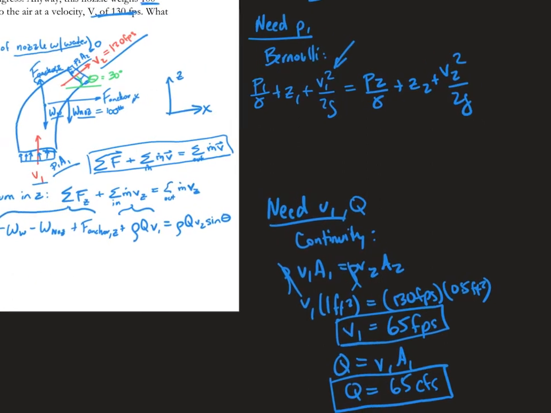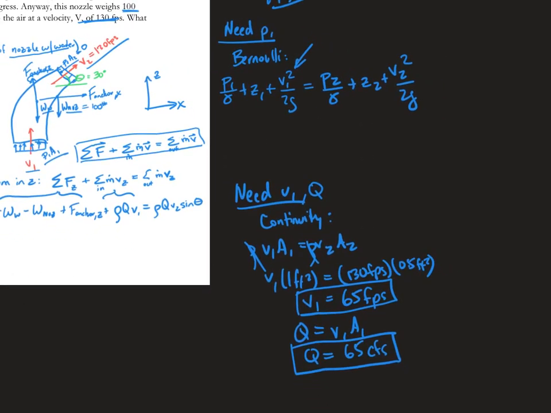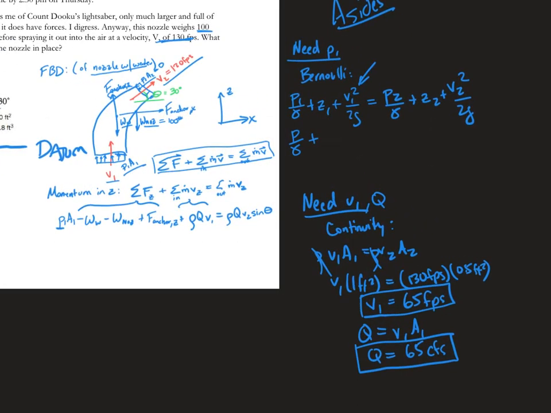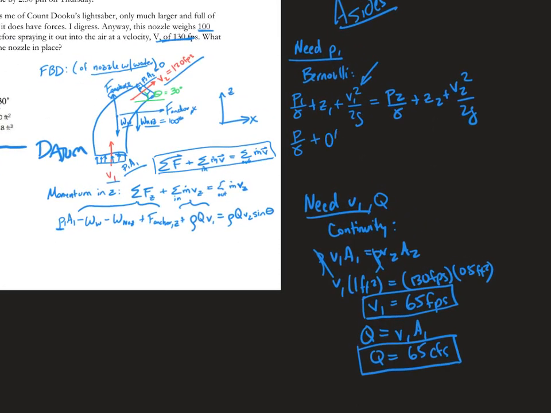So I'm going to go back over here to my Bernoulli equation. And we're looking for P1. So P1 on gamma plus Z1. If we go over here, this is the datum. Okay. So that means Z1 is 0 feet.